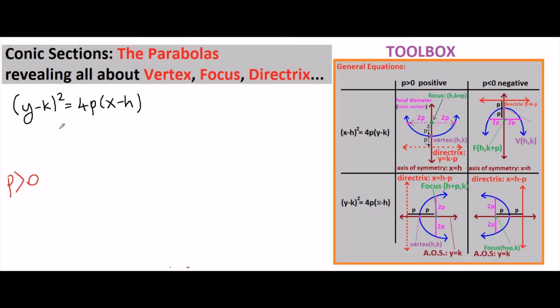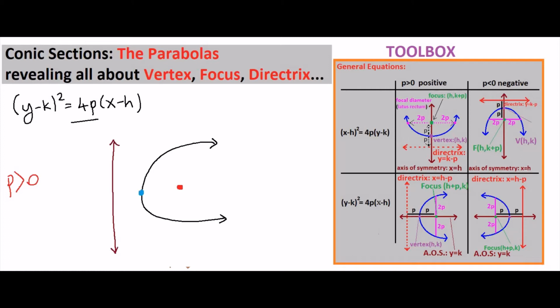If our equation is in the form of y minus k squared equals 4p times x minus h, and if the p value is positive, then our parabola is opening to the right. Our focus is always inside of the parabola. Our directrix is always behind the parabola.